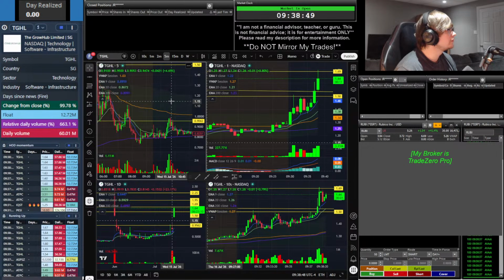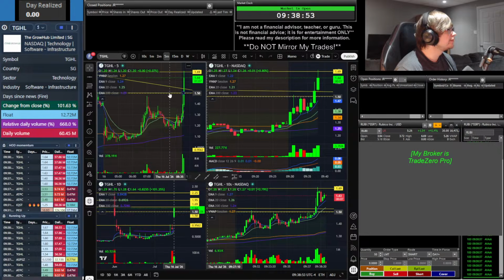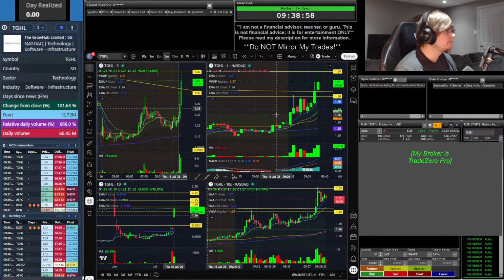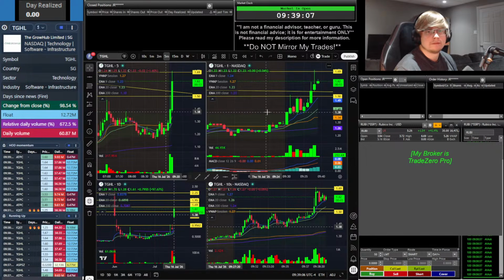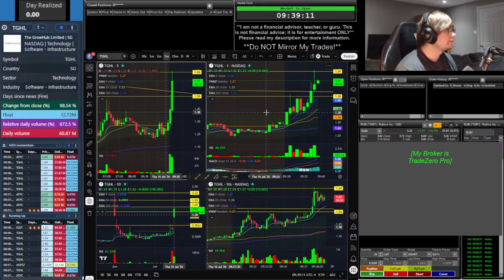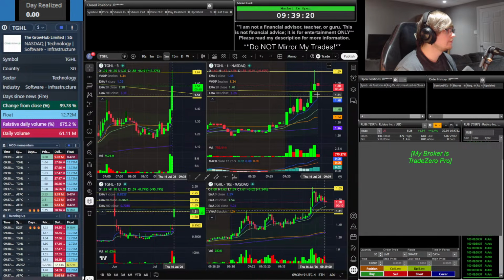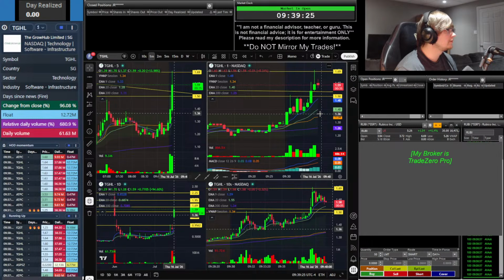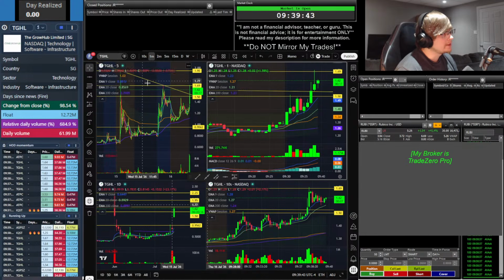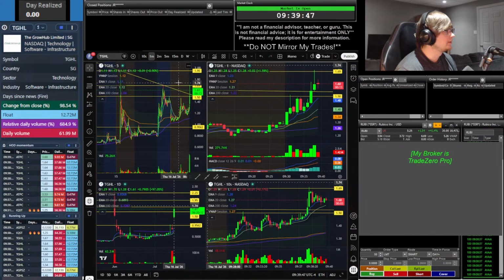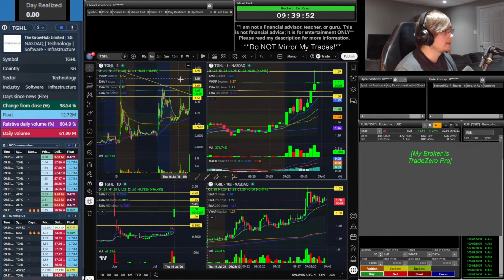Yeah. So now that this is above descending resistance, if it could break the pivot of 169, and it has the possibility of retesting high of day, it becomes interesting.